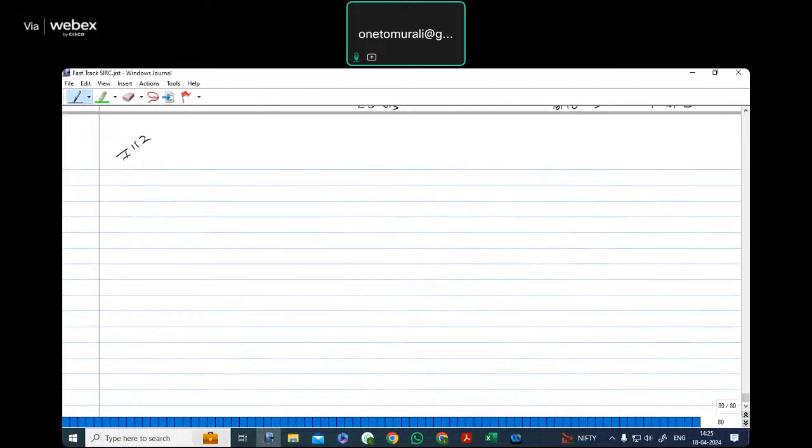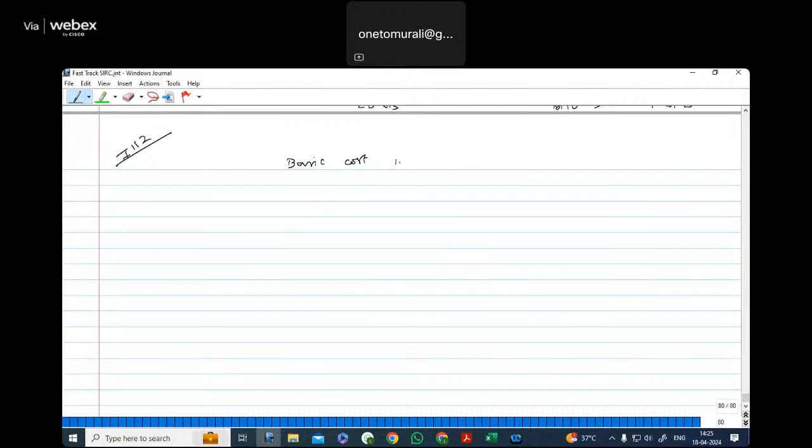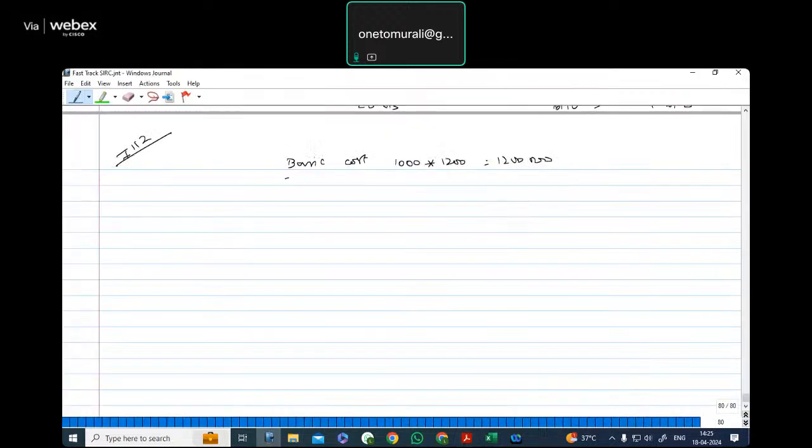This is illustration number 2. Basic cost: 1,000 into 1,200, that is 12,00,000. Trade discount at the rate of 5%, 60,000 rupees reduction.